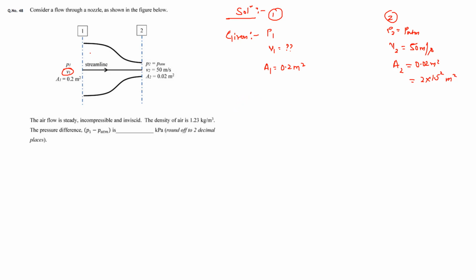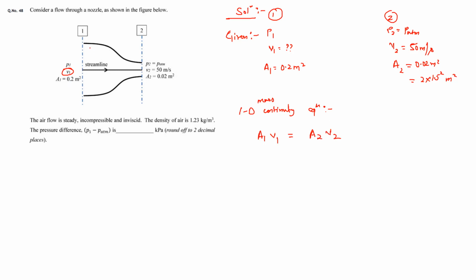But simply by looking at this flow, we can say that this is a one-dimensional flow, and you can use the 1D mass continuity equation to deduce the velocity at point 1. The 1D mass continuity equation simply says that A1 times V1, that is the flow rate at this junction 1, will be equal to A2 times V2.